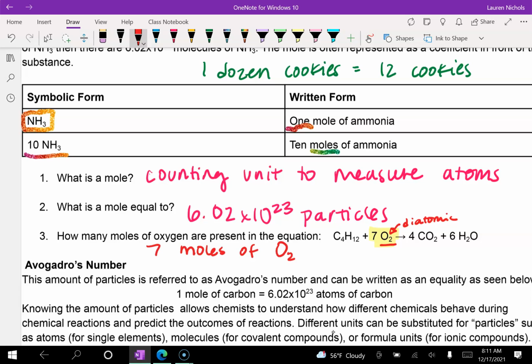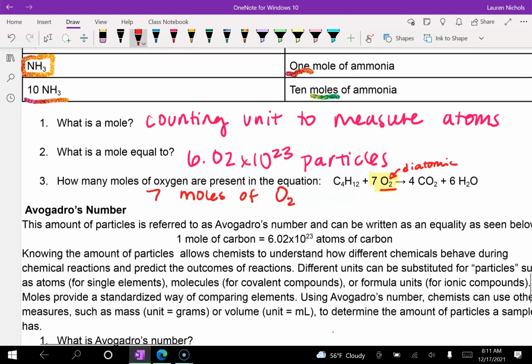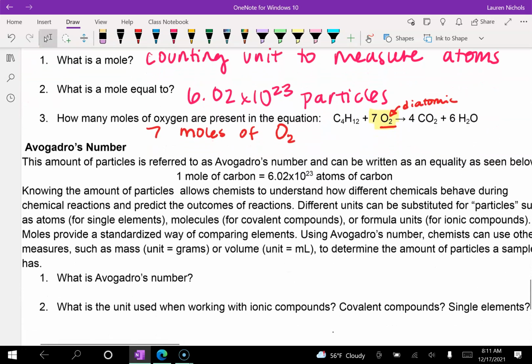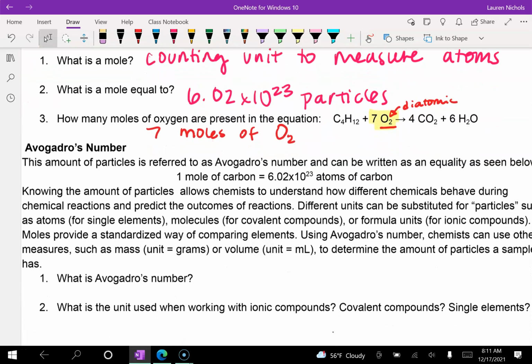And so let's get into this 6.02 times 10 to the 23 situation. This number, the amount of particles, is referred to as Avogadro's number. It's based off of Amadeo Avogadro, the Italian scientist who was able to figure this out.